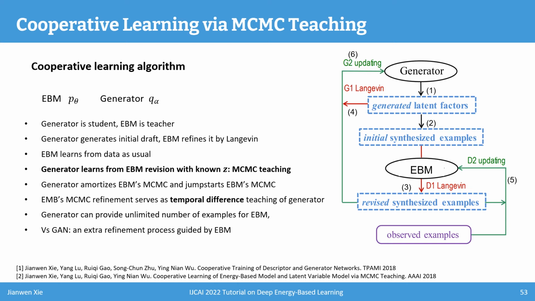For each revised synthesized example, we know the values of the latent factors that generate the corresponding initial synthesized example. Therefore, we may simply infer the latent factors to be their known values given in initial generation, or initialize the Langevin inference dynamics from the known values.